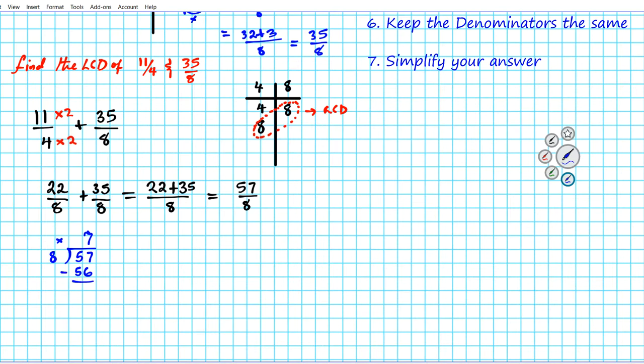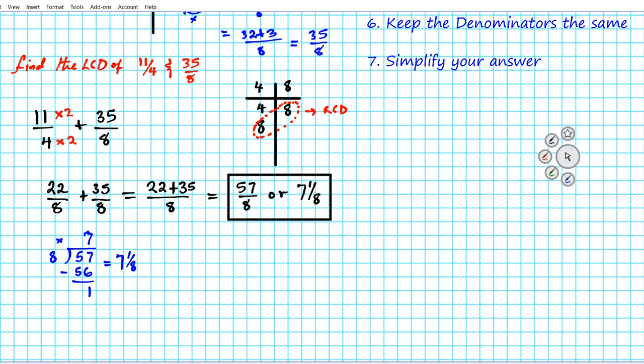Then you subtract, and you have 1. Bam. So it's 7 whole number, remainder 1 over 8. So 57 over 8, or 7 and 1/8, is the answer to question number 1.